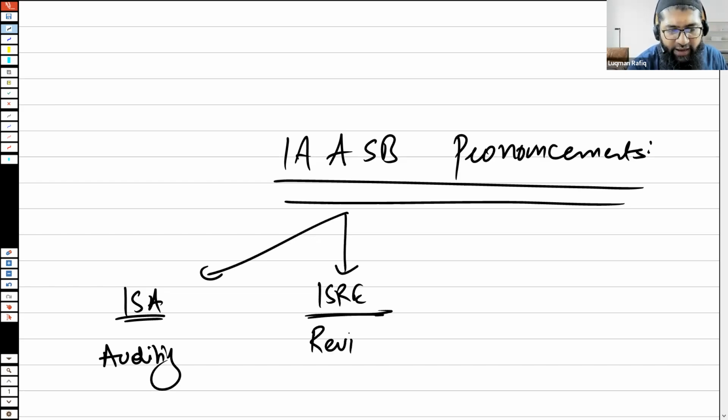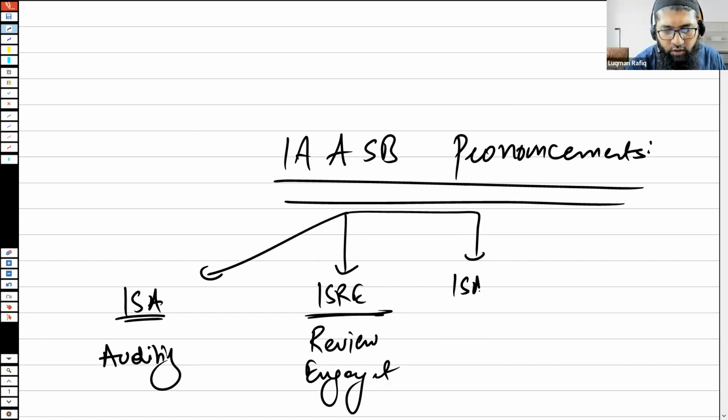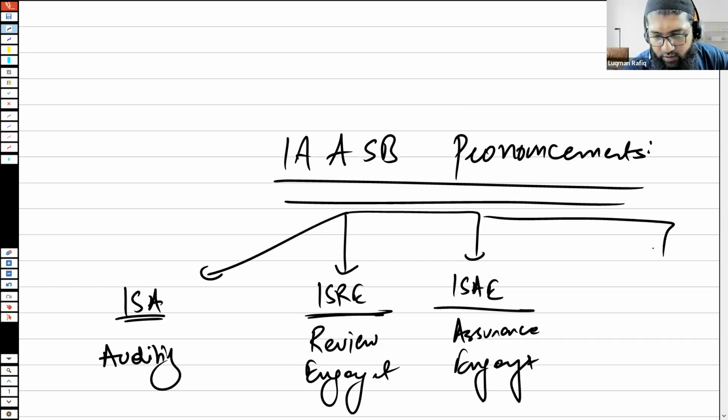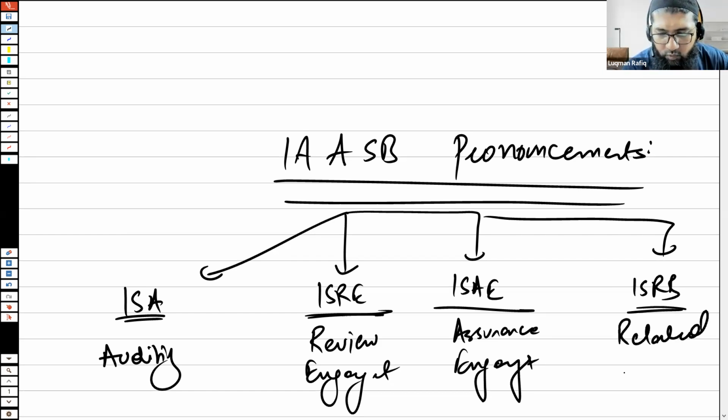Then you have ISRE, which is International Standards on Review Engagements. Then you've got ISAE, which is International Standards on Assurance Engagements. And lastly, you've got ISRS, which is International Standards on Related Services.